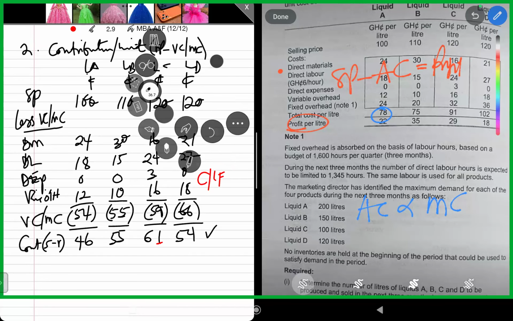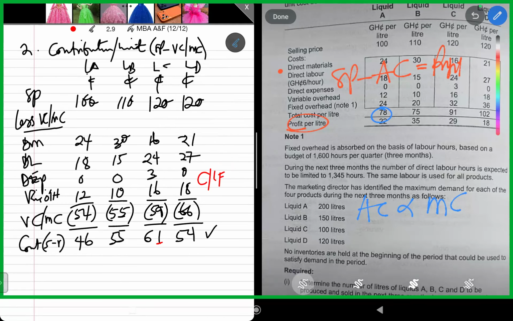I want your views on that. You are finding contribution per limiting factor. What does it mean? It means we are finding it per liter, for the limiting factor, which is labor, for one unit of liquid.